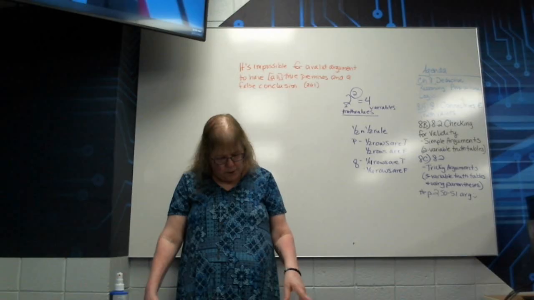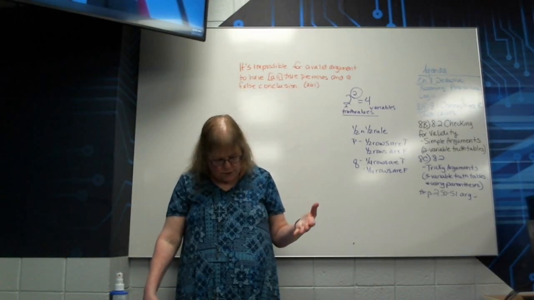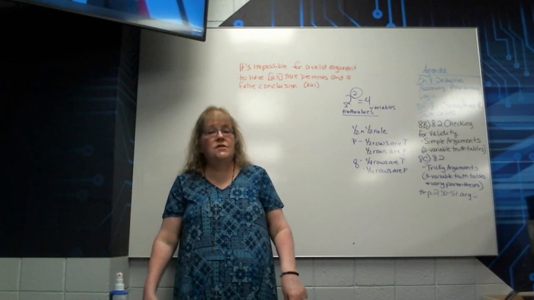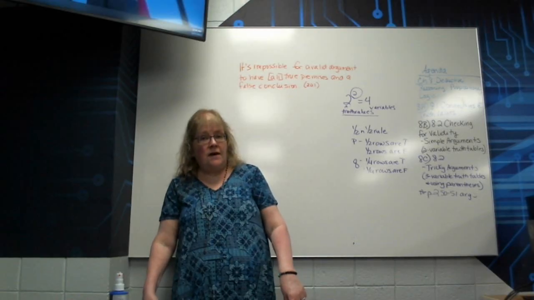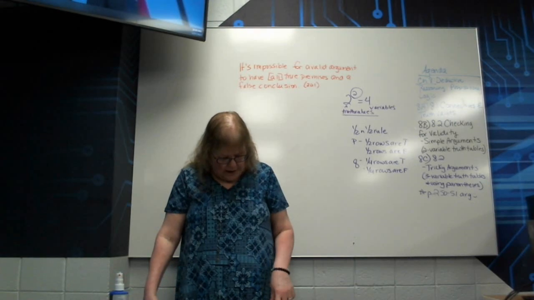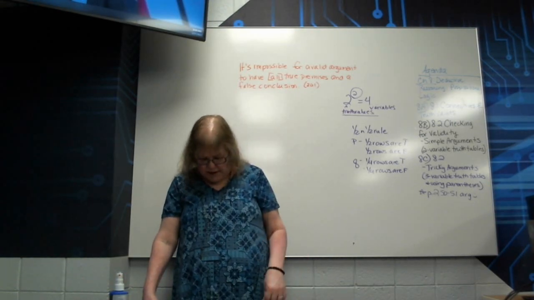Modus ponens is valid, modus tollens is valid, of course. The two in the middle are invalid. A hypothetical syllogism has three variables though, so we'll save that for the second part, our 8C stuff. And a disjunctive syllogism only has two variables and it's valid.